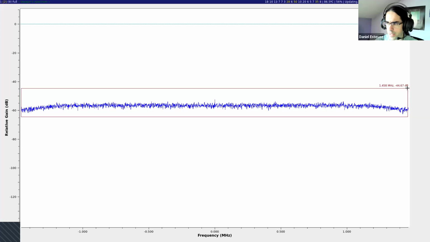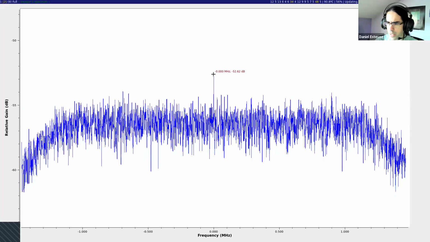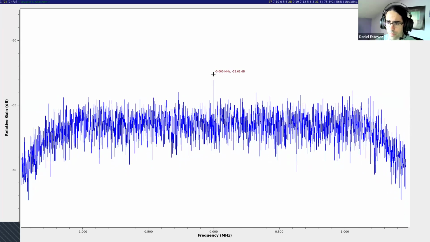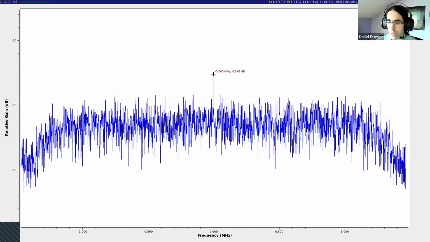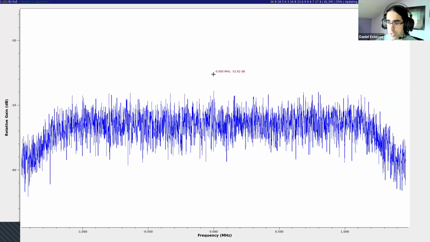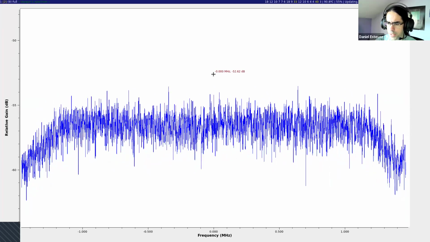This thing in the middle is just the DC spike. It's exactly in the middle, at 0 hertz. It is because of technical things about how recording in Greenbank works. It's probably a rounding thing rather than anything else.